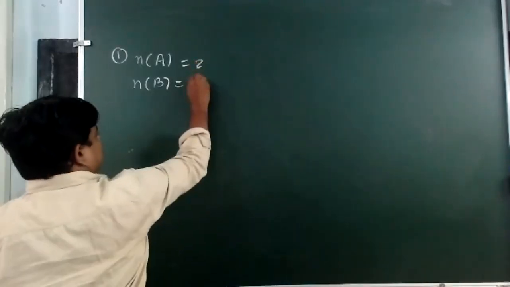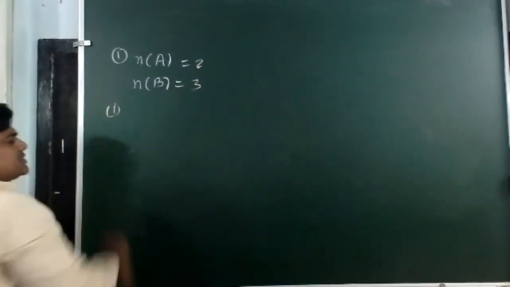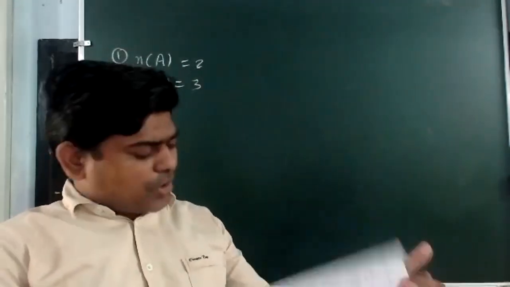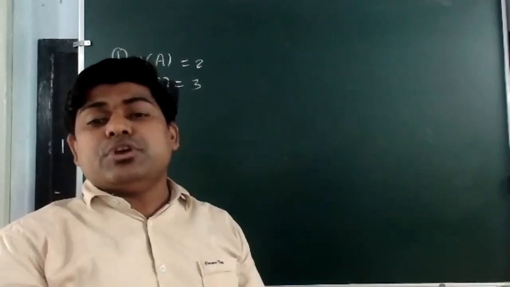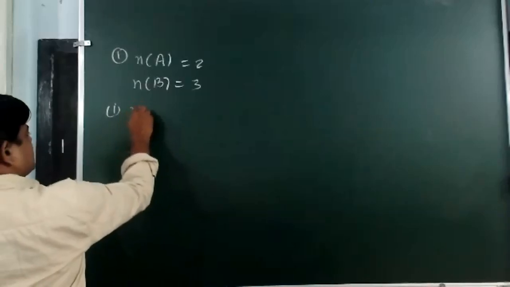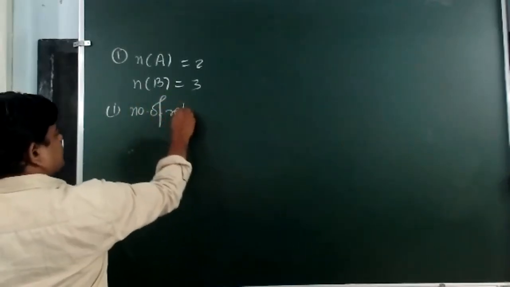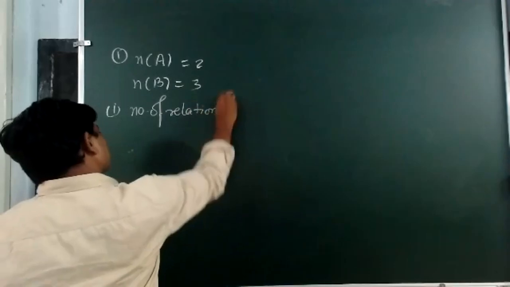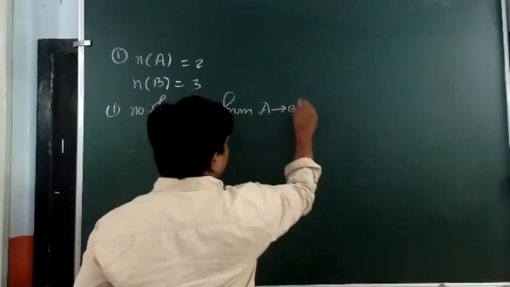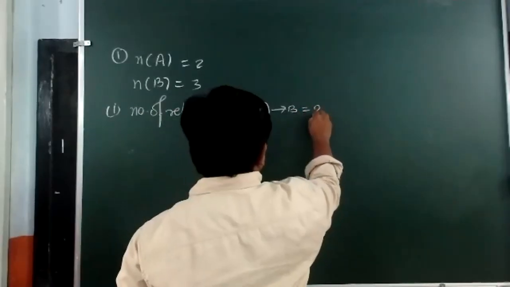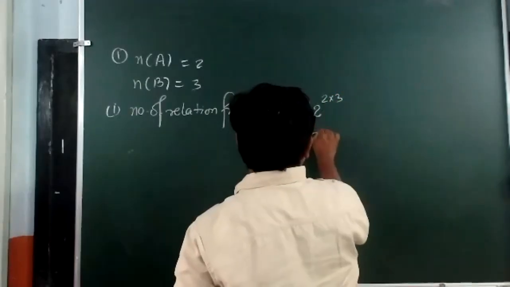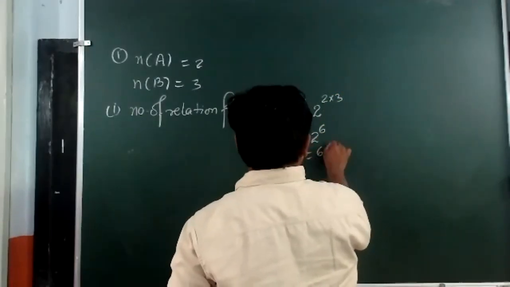Now the first part: find the number of relations from A to B. What can I write here? Number of relations from A to B is equal to 2 to the power 2 into 3, that is equal to 2 to the power 6, which is equal to 64.